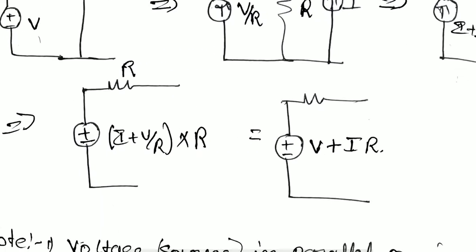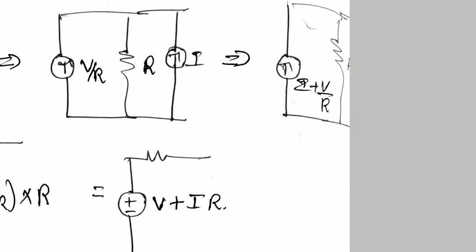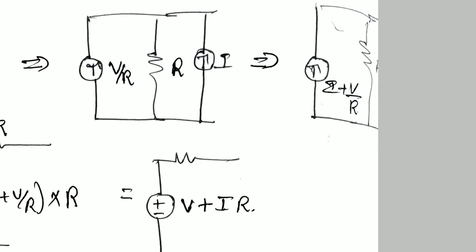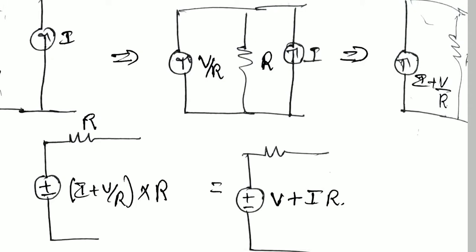A current source with a resistance in parallel can be converted into a voltage source with a resistance in series.